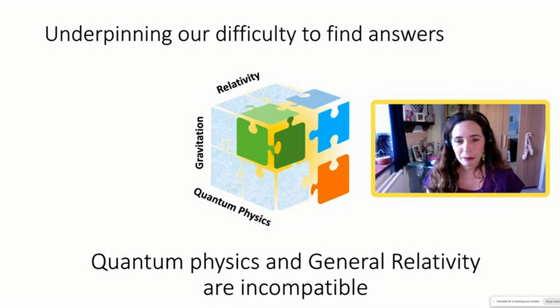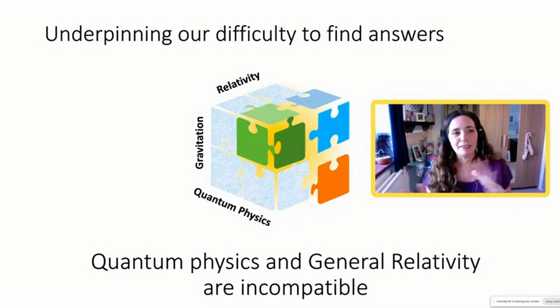So with this cube, I'm trying to show that we have some pieces of the puzzle. There are parts of the theories that answer some of the questions or work well at some scales. And we have done a lot of work in the last years on different pieces of this puzzle, but we don't have the whole picture yet.